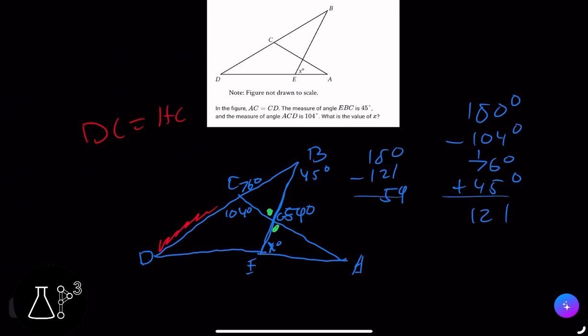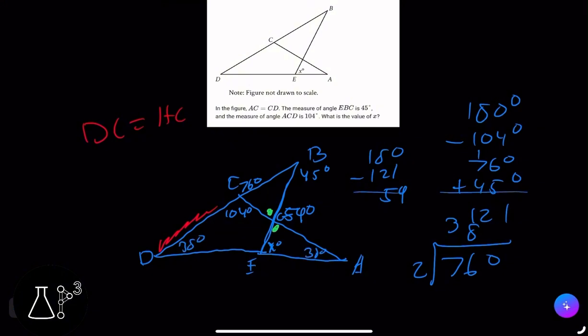Then I get 76 divided by 2, and I can find the angle measure of A and D, because A and D have the same angle measure since it is an isosceles triangle. If I do that, I get 38. So D and A equal 38 degrees.